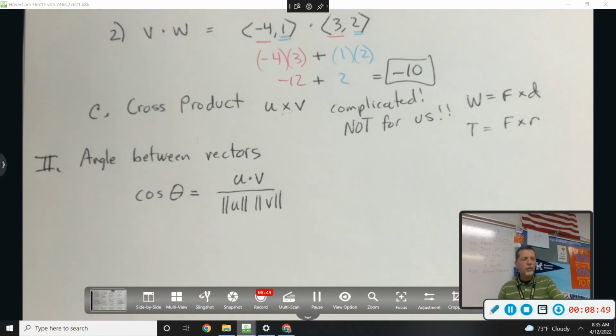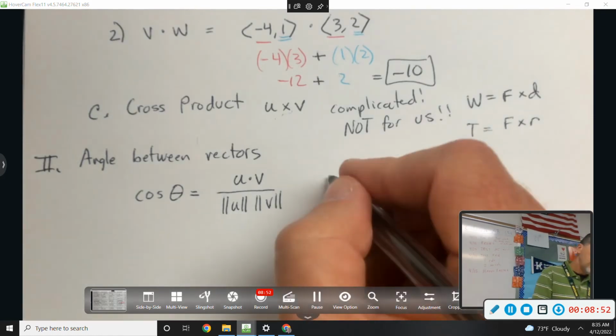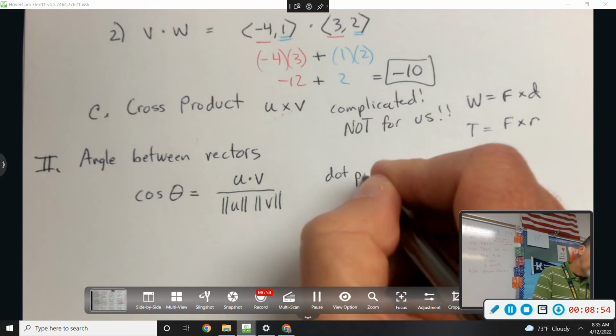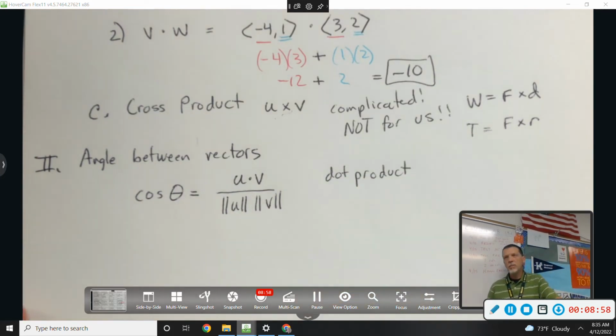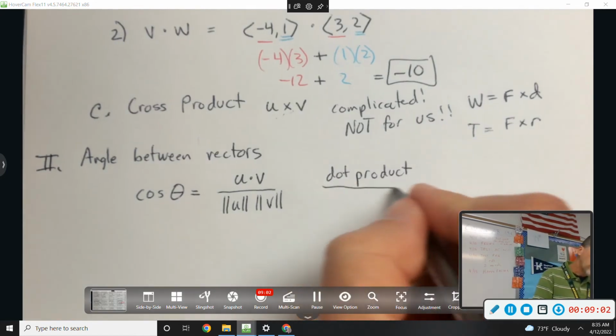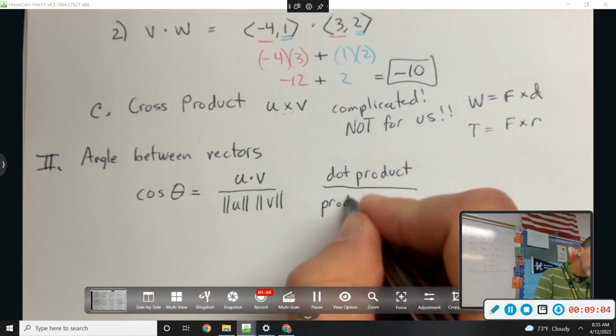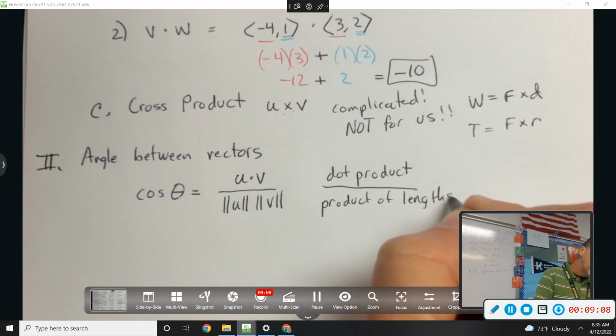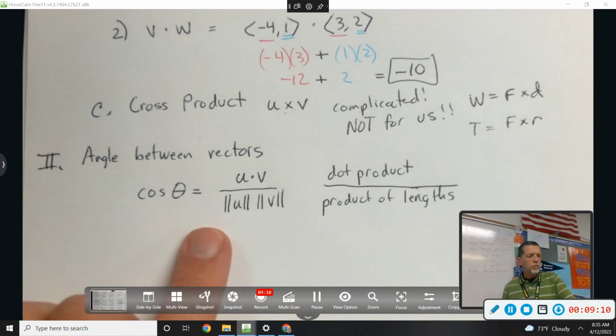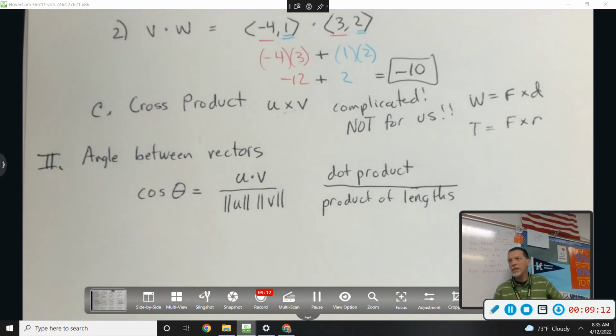And again, we'll give you all of those things. In words, not that you would memorize the words, not that you're going to memorize anything, it's the dot product over the product of lengths. Right, the 2 bars means find the length of u and the length of v.